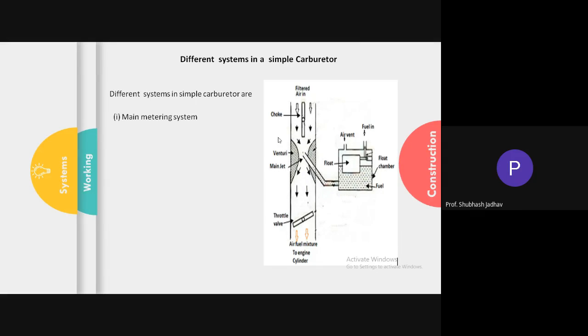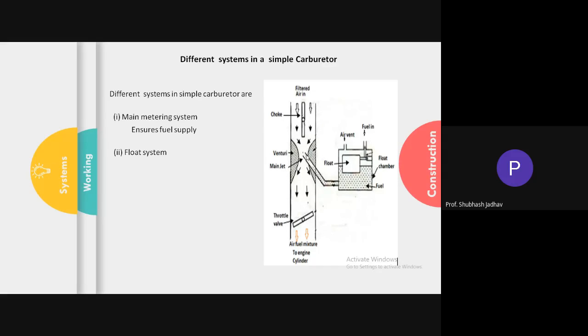It consists of a main jet and the pipeline connecting the main jet with the float chamber, which has a float in it with a needle valve. What it does is ensure fuel supply to the carburetor in the required quantity and as and when required. So that is your main metering system.